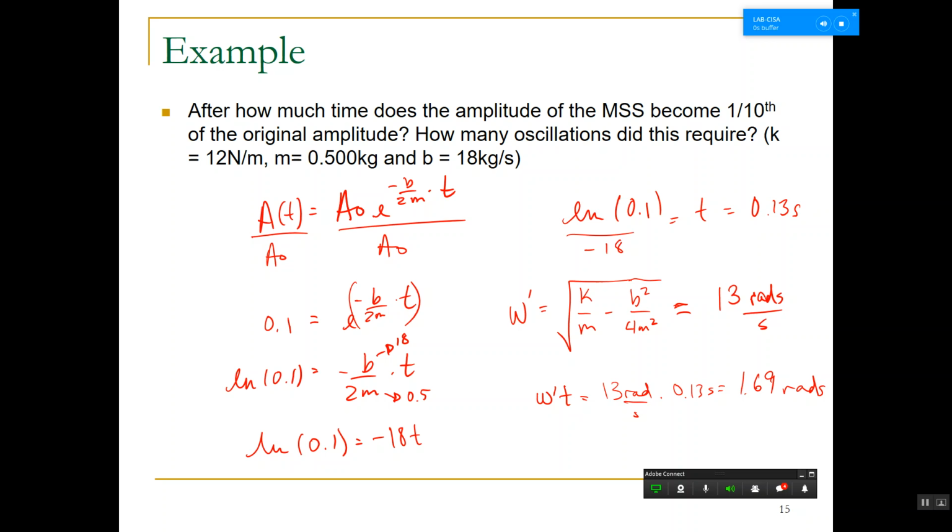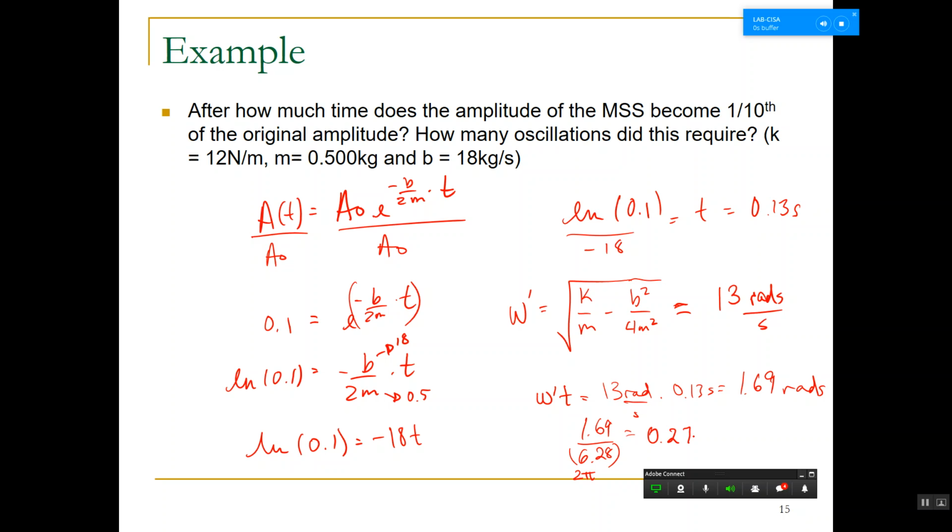Now, how many oscillations did it do? Did it even do one oscillation? How many radians is one full oscillation? 2 pi. Did I get 2 pi amount? No, I got close to 2, I guess. Let's do a fraction here: 1.69 over 6.28, which is just 2 pi. Can you guys tell me what that fraction is? 0.27.